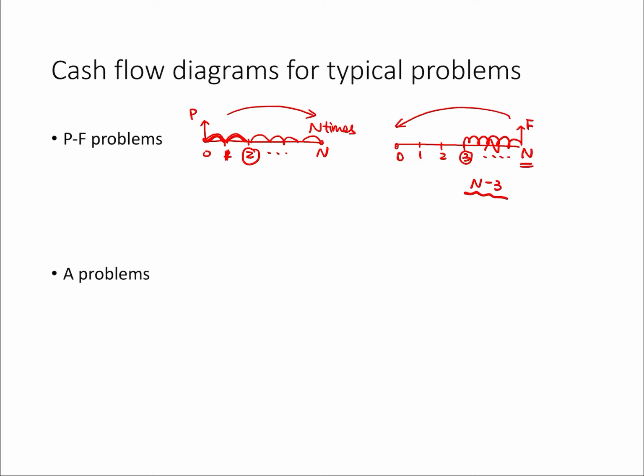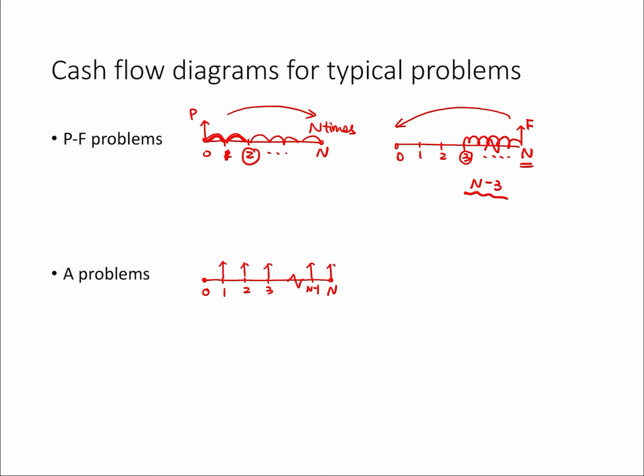Okay. Another set of problems is the A problems. The A problems are more complicated because we have something new called annuity. From 0 to 1, 2, 3, to n, you're going to have some annuities.